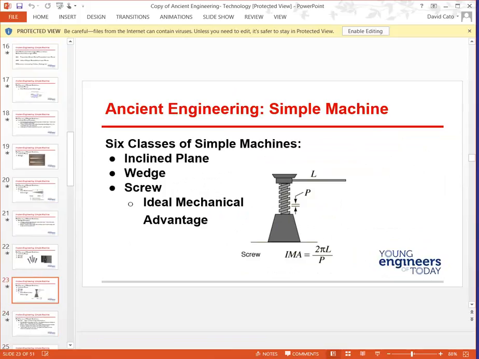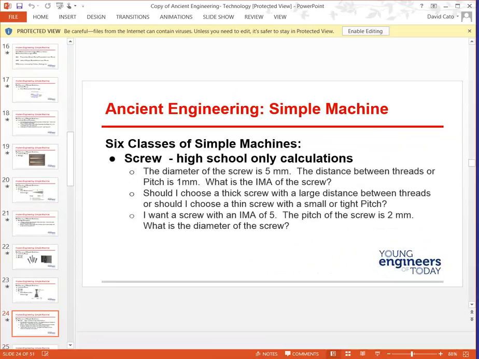If you cover more distance turning, then it doesn't have to go in as far, and that's easier to do because you have to give less force per twist, but you have to do more twists. So again, you see the relationship: if you are okay turning a further distance and taking longer, then you can exert less force for the same amount of work, which is what all of these simple machines do in some way or another.